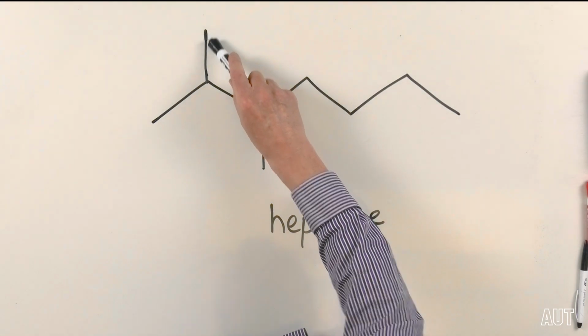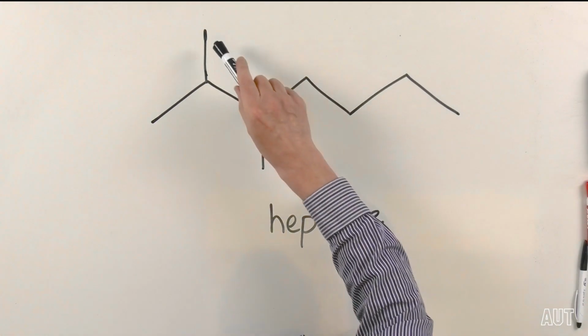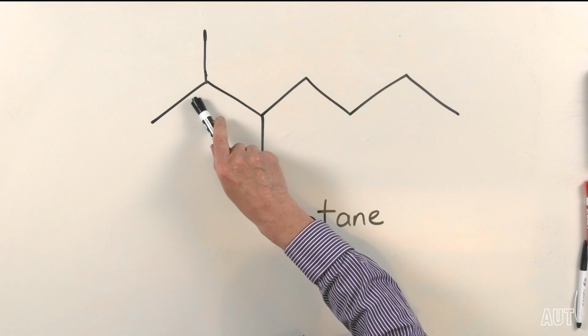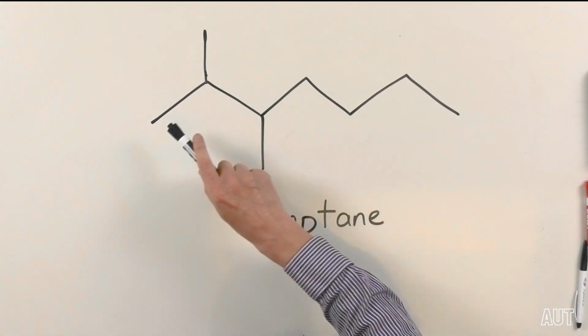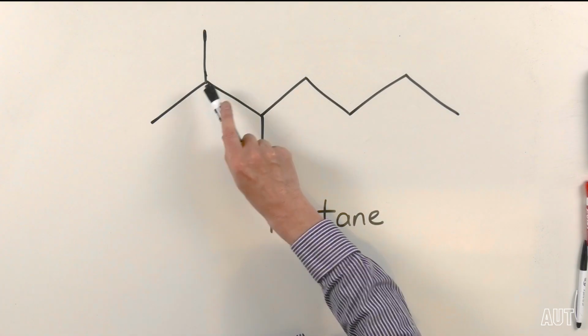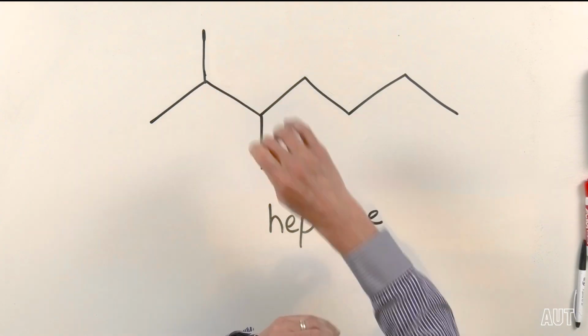Because they're both 7. If you use this as the longest carbon chain, you've got a substituent at carbon 2 and carbon 3. If you use this as the longest carbon chain, you've got a substituent at carbon 2 and carbon 3. It's the same. So that makes life a lot easier. We don't even have to worry that there are 2 carbon chains of 7 carbons long. This all comes out in the wash, as we say.